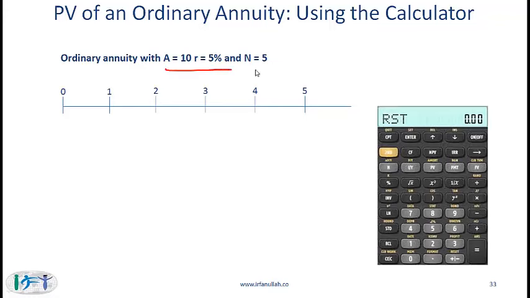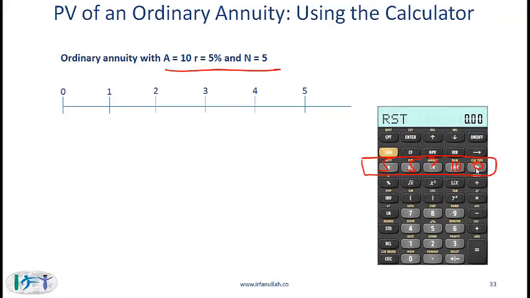It is the same annuity, and on the calculator you use the time value of money function. So you plug in n is equal to 5. The interest rate is also 5. The present value is what you'll be computing. The payment is 10, and the future value is 0.